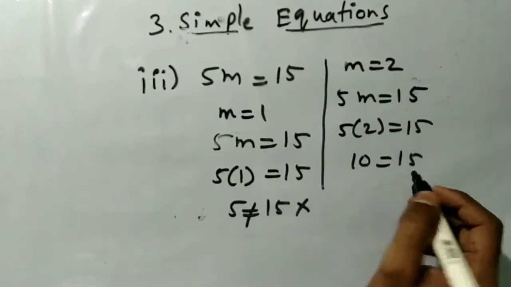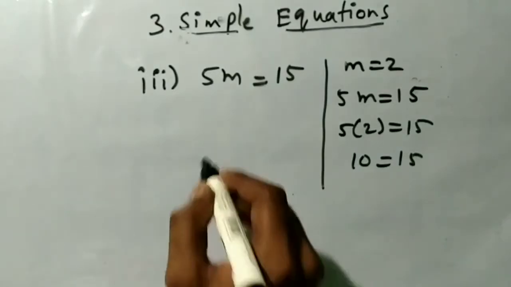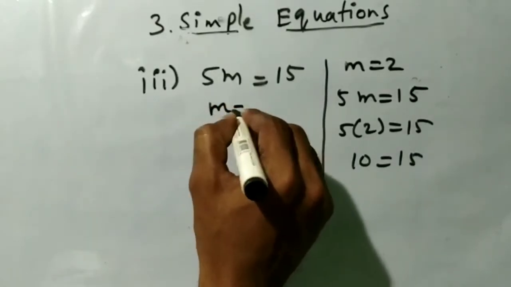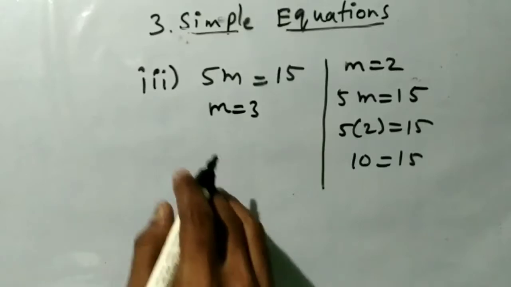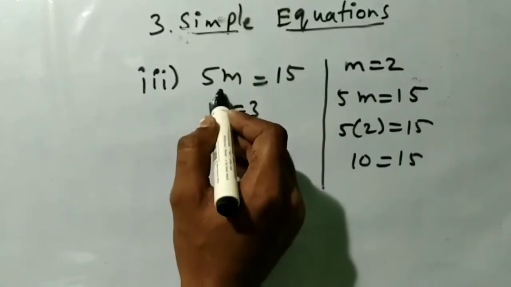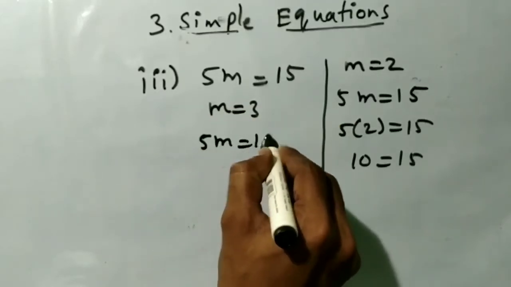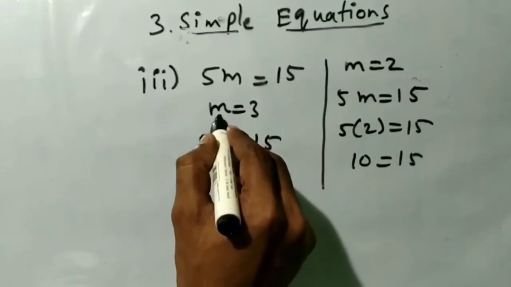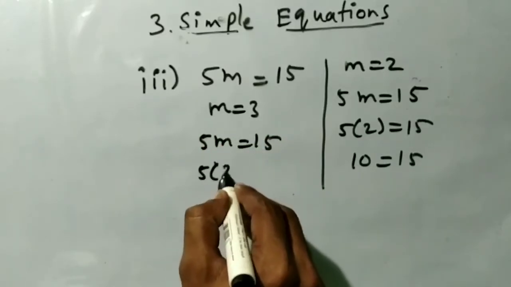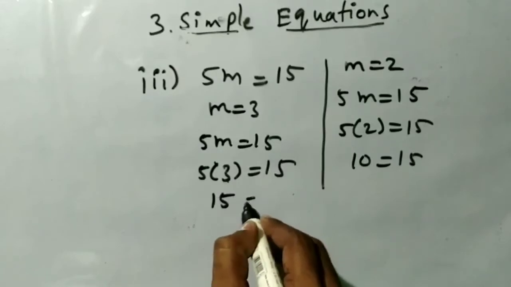So let's take another example. Let's take m is equal to 3. If we take m is equal to 3, then we check whether the right hand side and left hand side are equal or not. That is, 5m is equal to 15, we substitute m is equal to 3. 5 into 3 is 15, which is equal to 15.